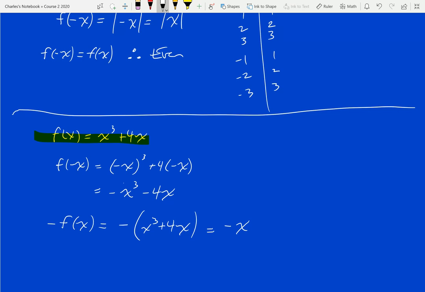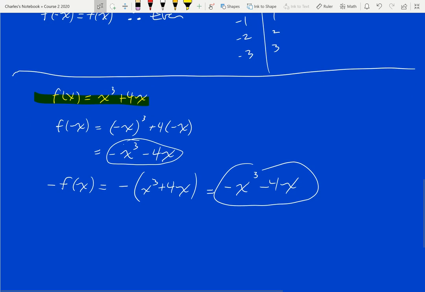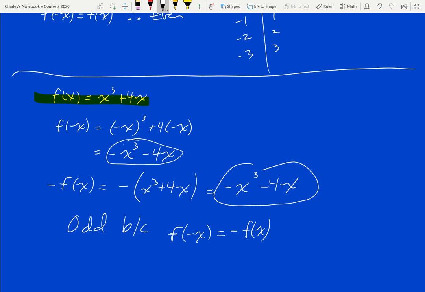So this would be negative x cubed minus 4x. And it looks like this and this are the same expression. So this is odd, because f of negative x is equal to negative f of x.